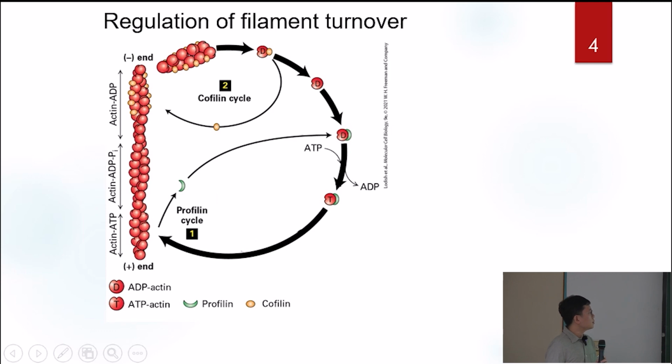In addition, the profilin-bound actin monomer cannot bind to the minus end. For the dissociation of ADP-actin, profilin will also bind and help the dissociation. So this is the cycle of filament turnover.